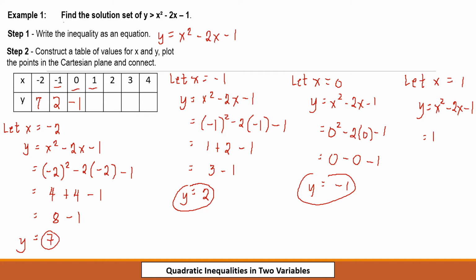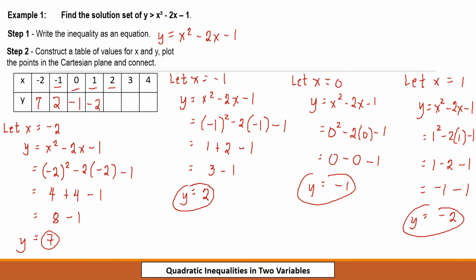So we have 1 squared minus 2 times 1 minus 1. 1 squared is 1. Negative 2 times 1 is negative 2 minus 1. 1 minus 2 is negative 1 minus 1. That will give us negative 2. So when x is positive 1, y is equal to negative 2.